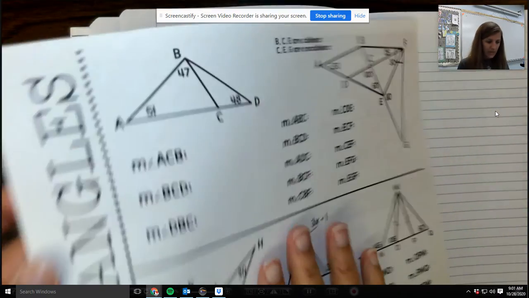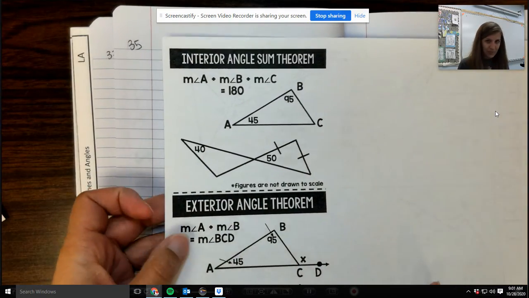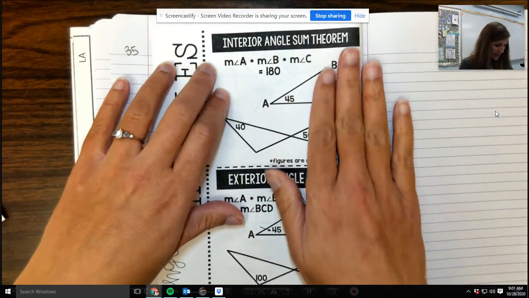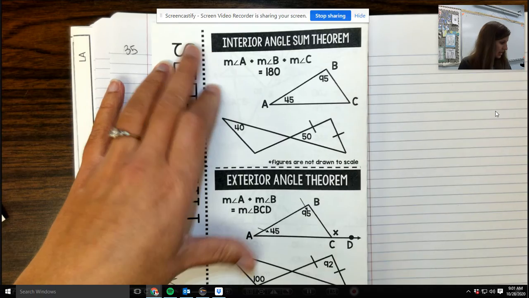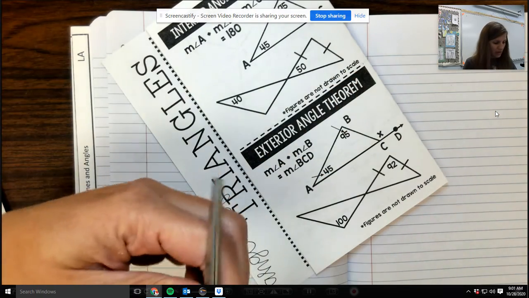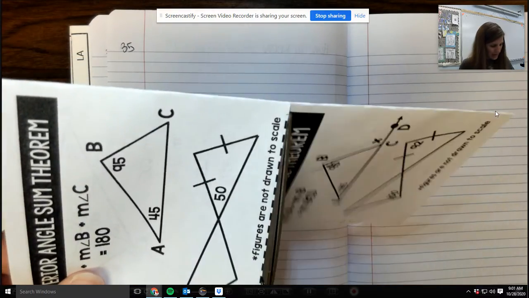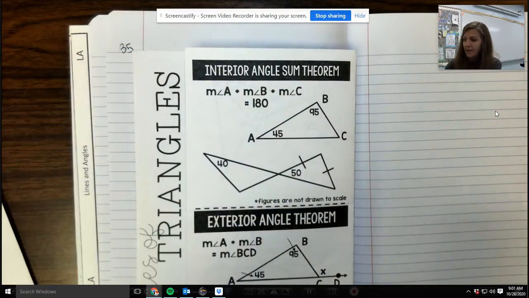So it looks like this on one side, that on the other. We're going to fold this in half like a backwards book, and then do a little cut right here, like that, and put that on 35.